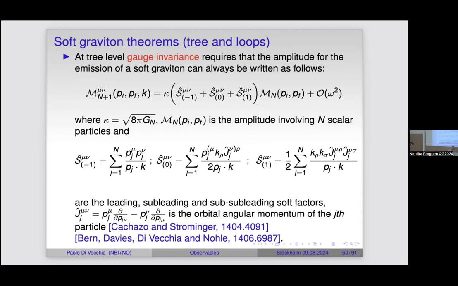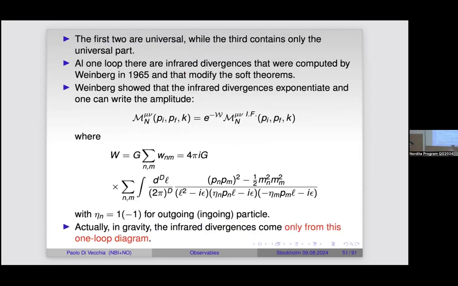Now, these are the tree levels. If you go to one loop, then you have infrared divergences that were computed by Weinberg in 1965, and that modified the soft theorem. And Weinberg showed that an n-point amplitude has an infrared finite piece multiplied by an exponential, and the exponential, this W, is given by this one-loop diagram.